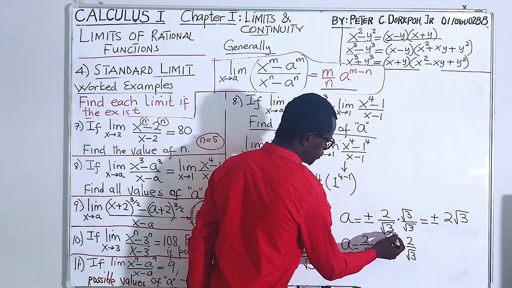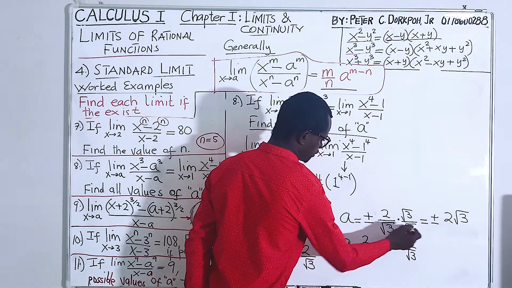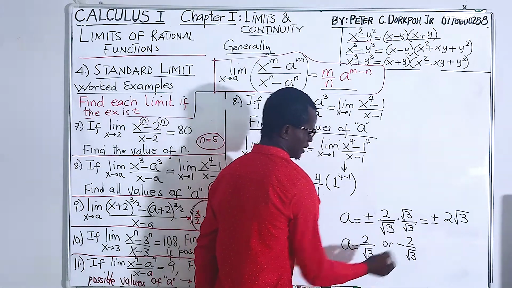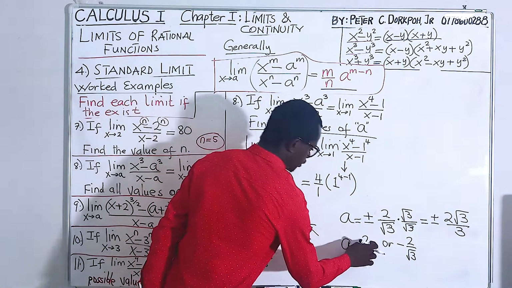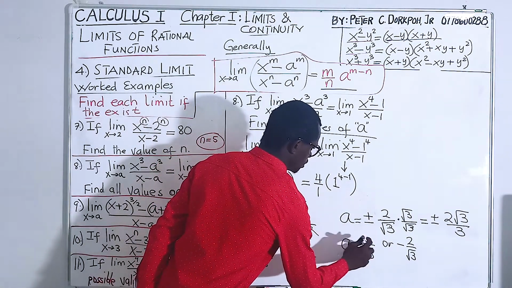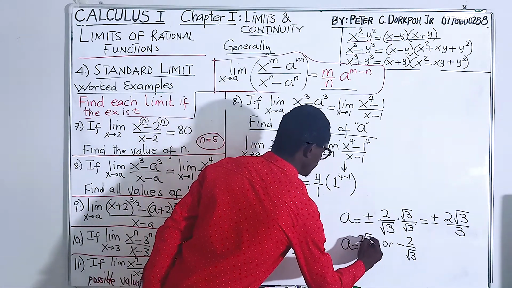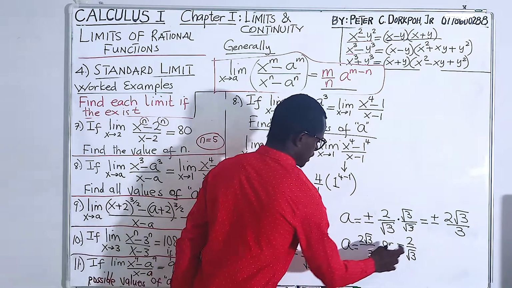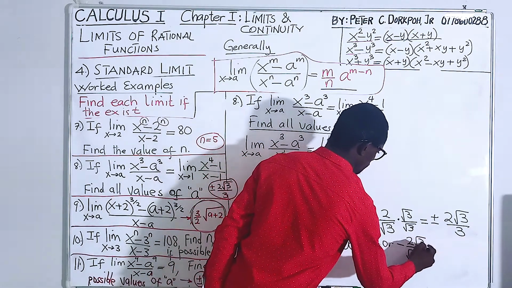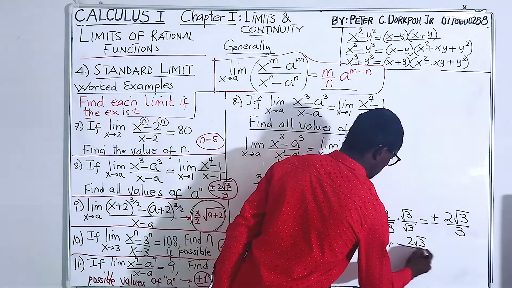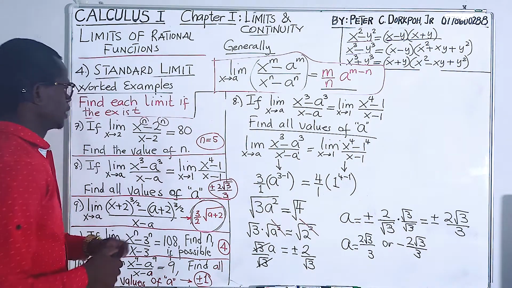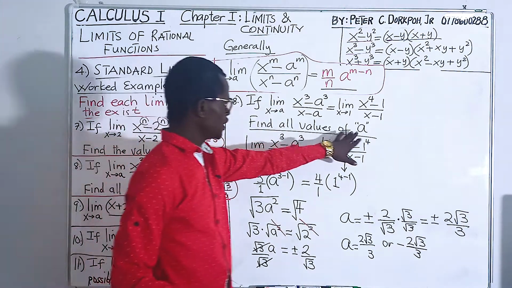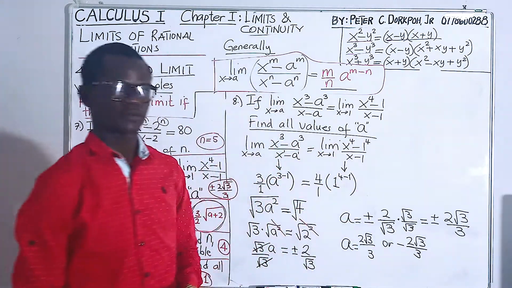Now the square root of 3 times the square root of 3, we can multiply the two of them. 3 times 3 is 9, and the square root of 9 is just equal to 3. So that whole thing would just be 2 root 3 divided by 3, and then minus 2 root 3 also divided by 3. So those are the values of a that we were asked to find.